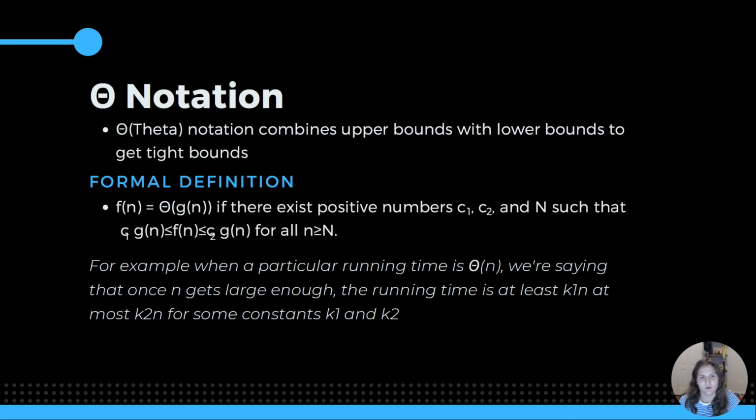So in this case, when a particular running time is theta n, we're saying that once n gets large enough, the running time is within one constant times n and another constant times n, creating these bounds that the function will stay in.